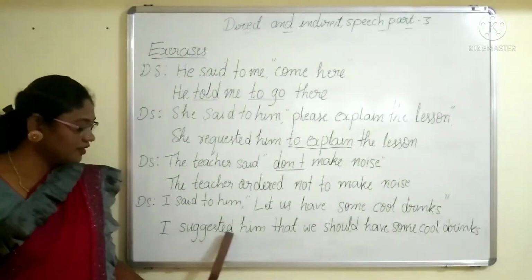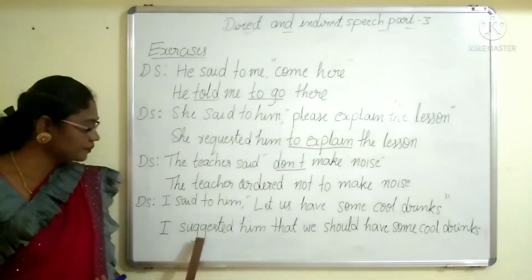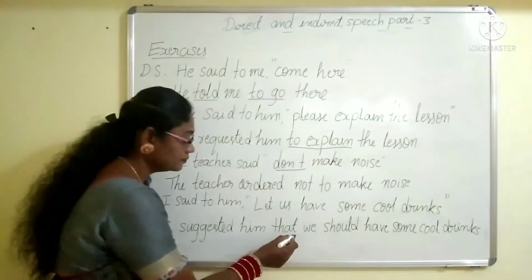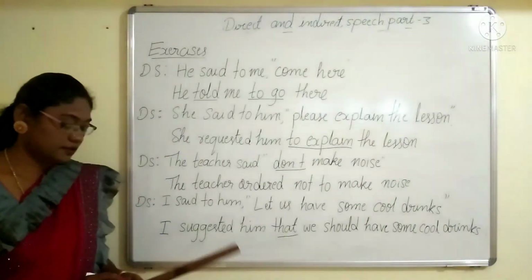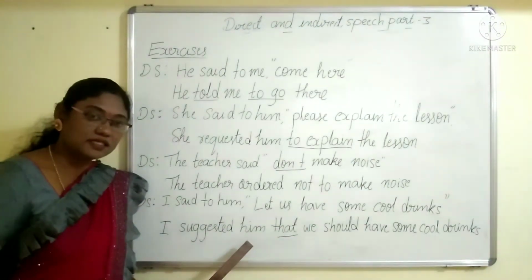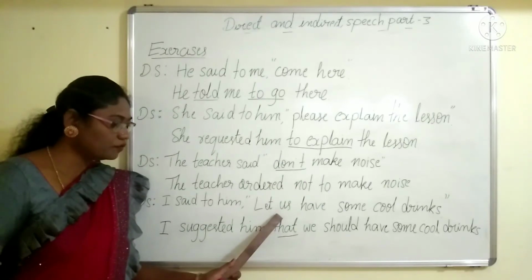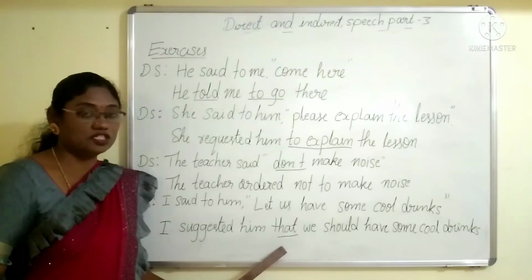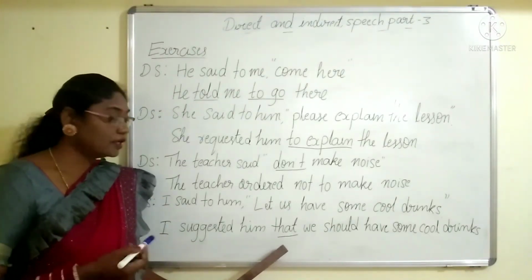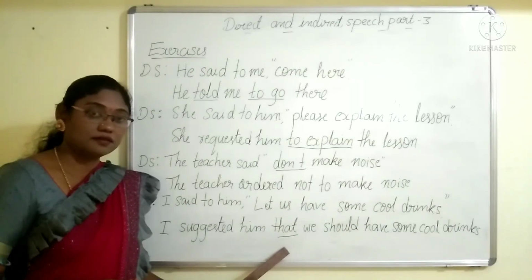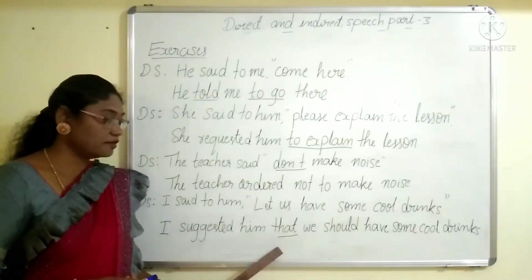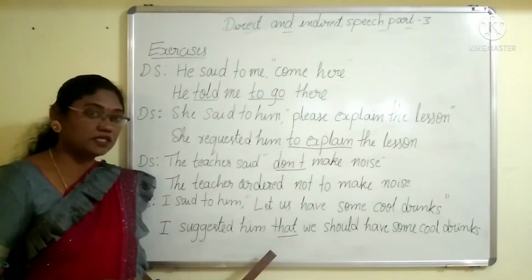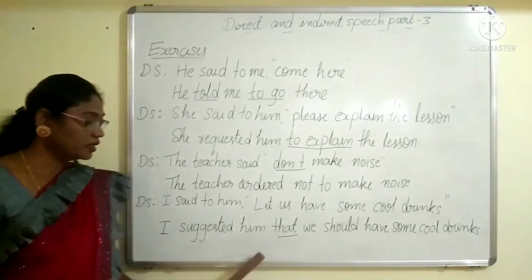I suggested. Here I use the reporting verb suggested him that, and remember this is a very important thing. In such sentences, okay, if you find the word let in an imperative sentence, you should use that as a conjunction. Okay, we were using this "that" in statements, right? Yes, we were using this in statements, and again here we have to use it in this type of imperative sentences, that as a joining word.